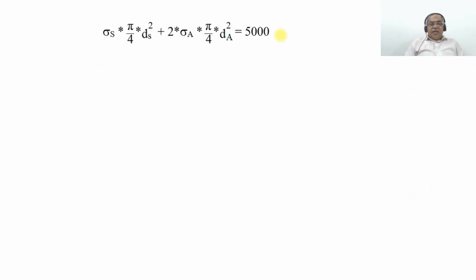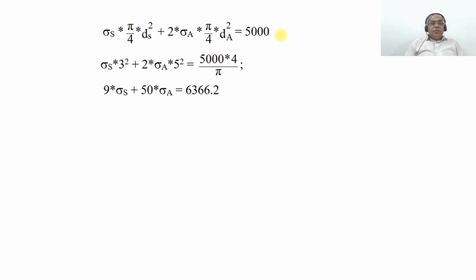Here A is pi by 4 into d squared. Taking pi by 4 to the right-hand side by cross multiplication, sigma_S into 3 squared plus 2 sigma_A into 5 squared will be equal to 5000 into 4 divided by pi. On simplification, you get 9 sigma_S plus 50 sigma_A equal to 6366.2.